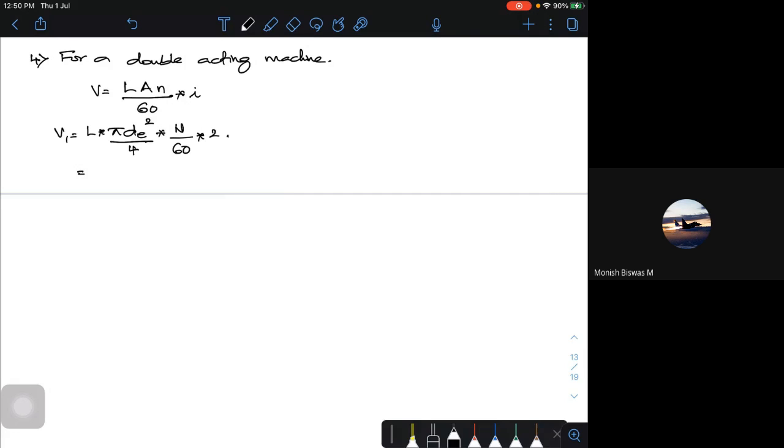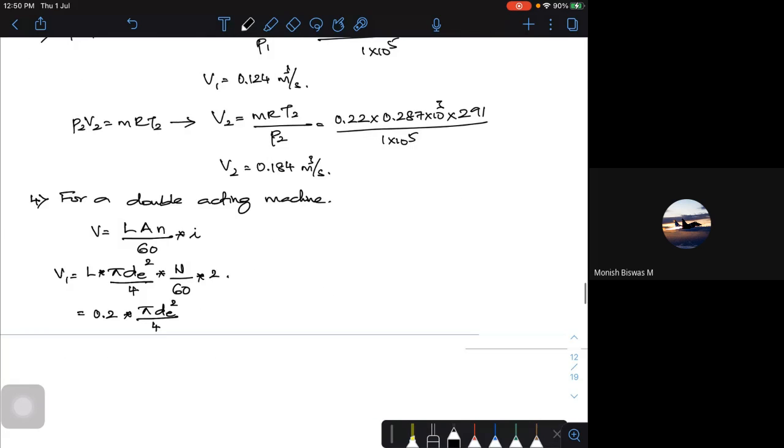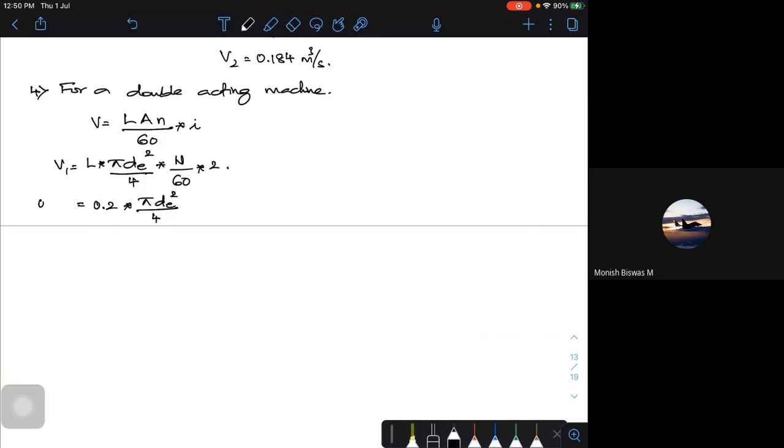L is 0.2 meters into pi into dE, I need to find dE, I will keep it as it is. V1, just now we found it to be 0.124 into N is 240 RPM divided by 60 into 2.